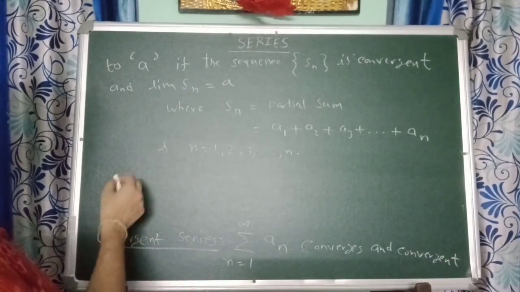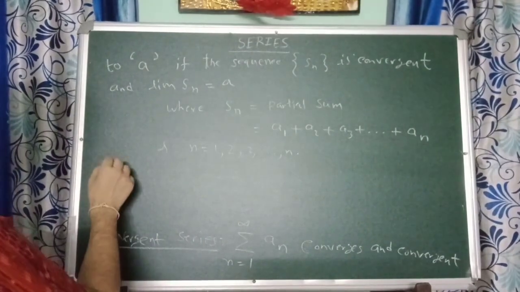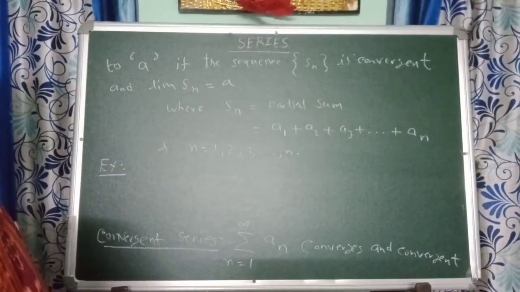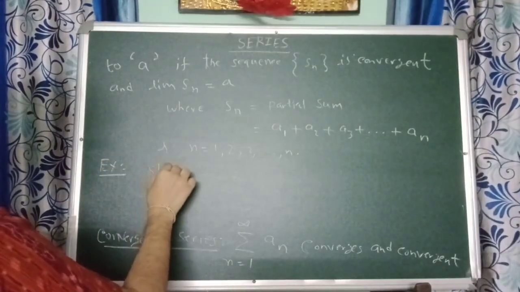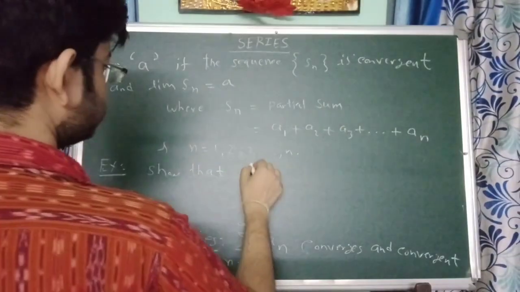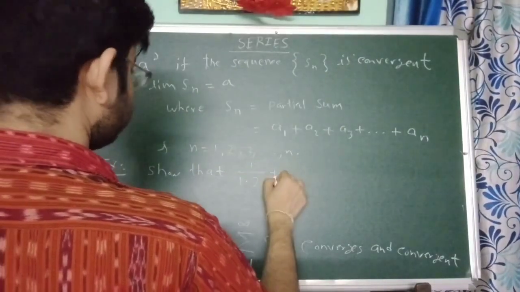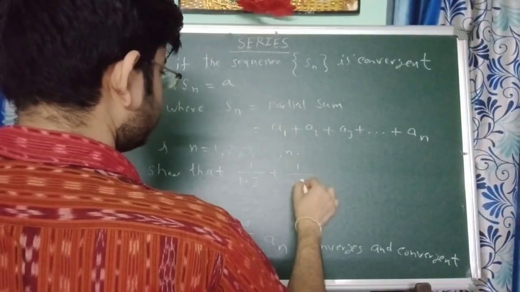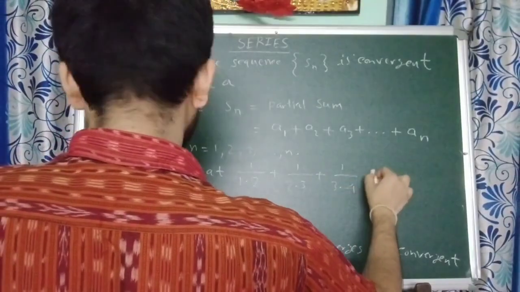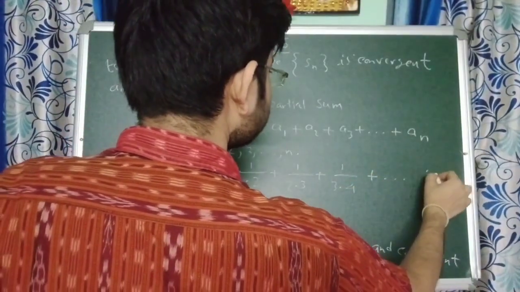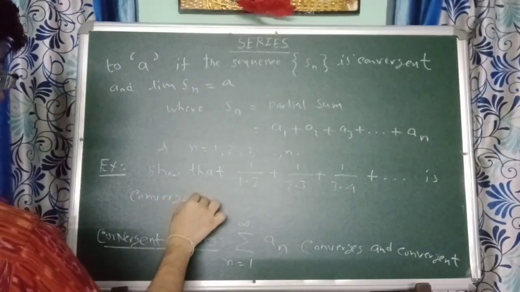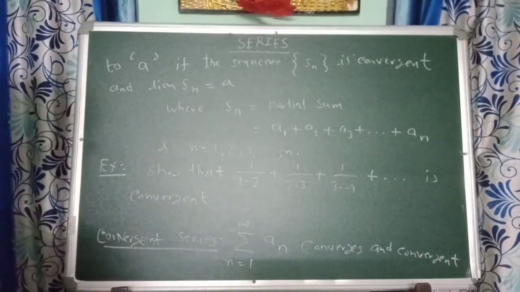Now we consider an example. Show that 1 divided by 1 into 2 plus 1 divided by 2 into 3 plus 1 divided by 3 into 4 and so on up to infinity is convergent.